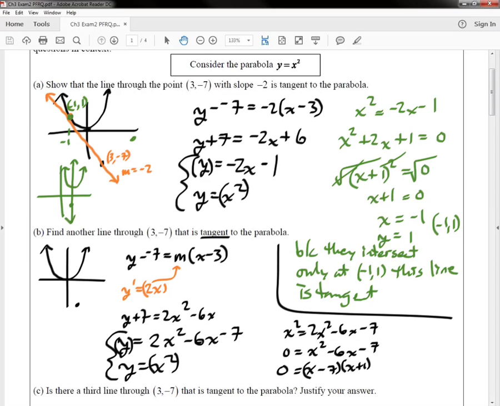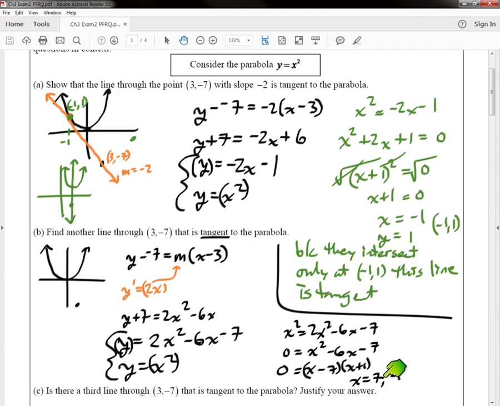And now you guys should notice something. I have x equals 7 and negative 1. Does that look familiar? That negative 1 is the same negative 1 right here. These are the two x values that you would get from the 2 points that would be tangent to a line that crosses 3, negative 7.